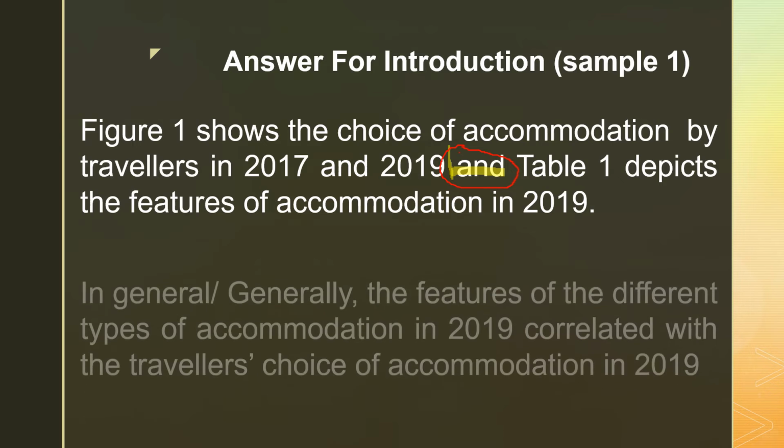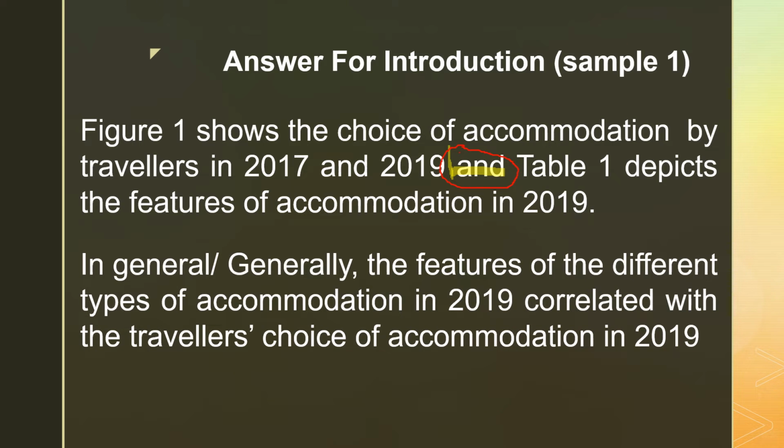Alright, move on to the next part. This we call overview. You may use the word in general or you may use the word generally. So as you can see just now, the time frame written in the table 1 is in 2019.